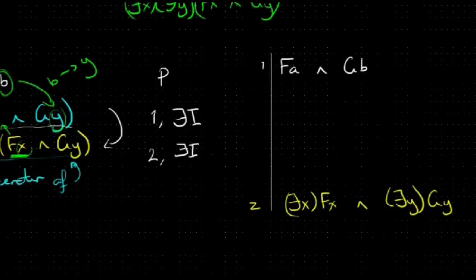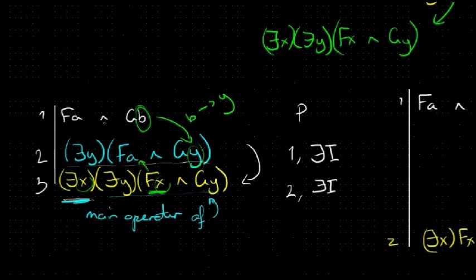Now we can't get to this from FA and GB on its own, because as we've seen in this previous example, if we want to do an existential introduction on this formula just as it stands here, then the quantifier will have scope over that entire formula.